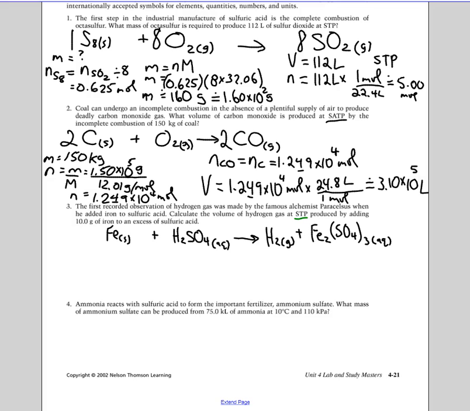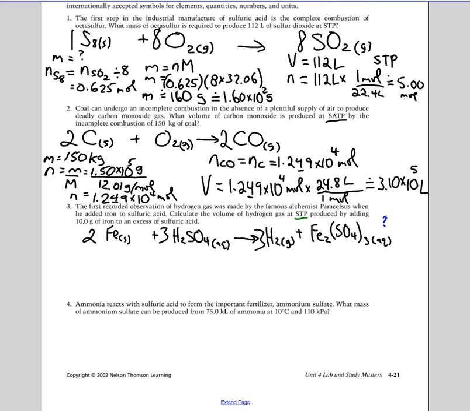I'm not sure about that, but at this point it's not relevant because we're just looking at the amount of gas produced. So to balance this reaction equation, we need 3 sulfate groups on the left side, so let's make that a 3. Balanced sulfate as a group, we have now 3 hydrogen molecules being produced for every 3 molecules of sulfuric acid.